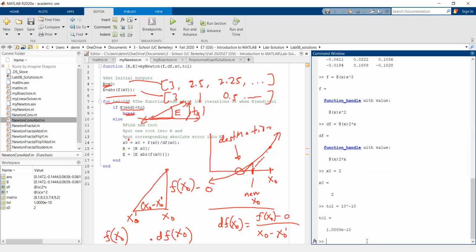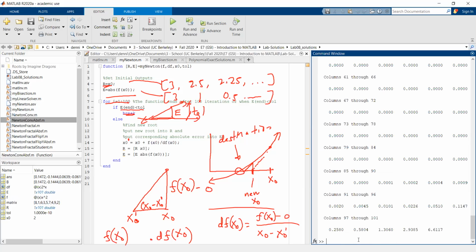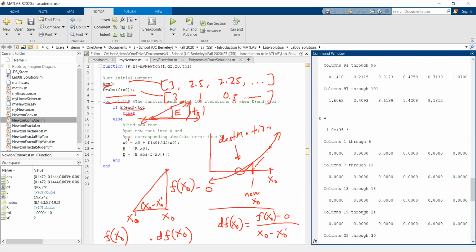Okay. Let's do r comma e of f: my Newton f comma df comma x naught comma tol. Here we go. Oh, really?